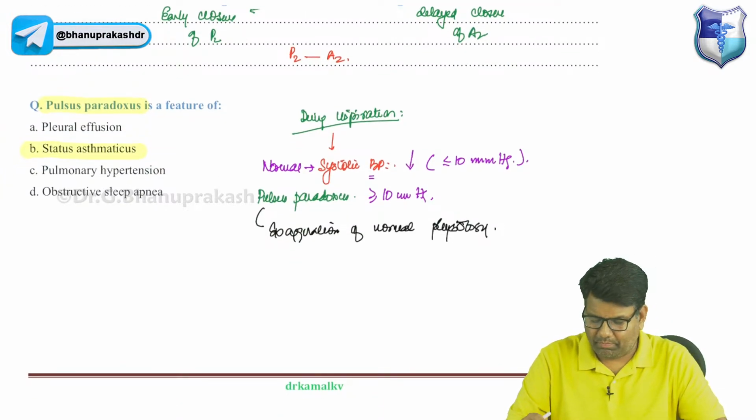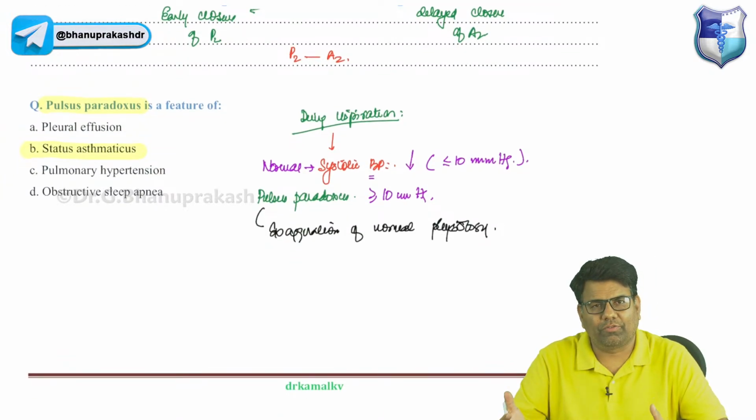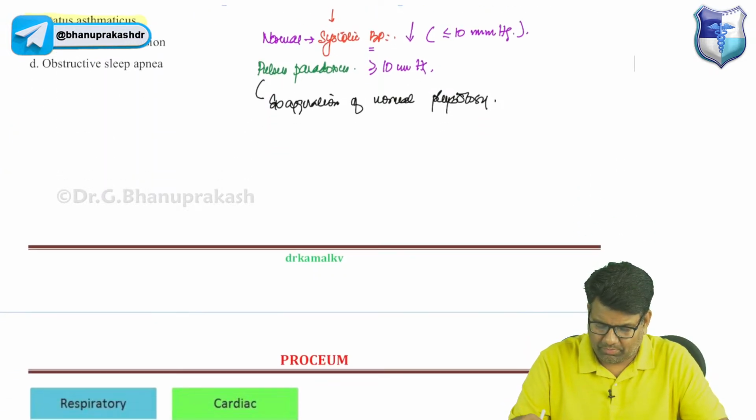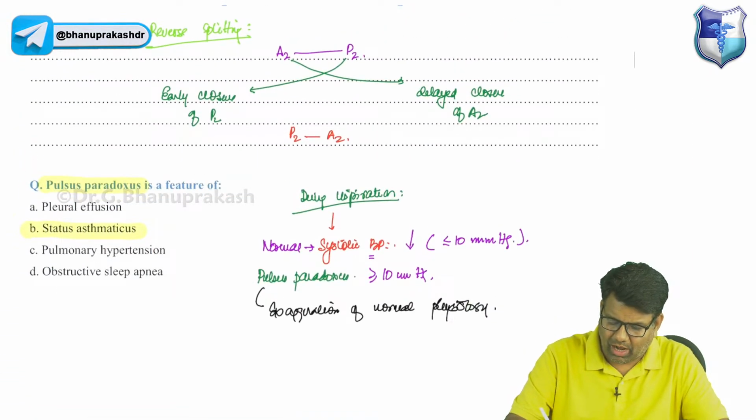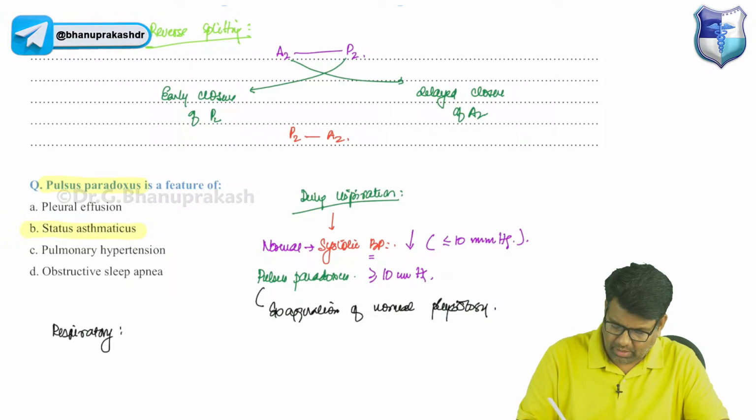Now, for pulsus paradoxus, you can remember two sets of conditions. One relates to the heart and another relates to the respiratory system. In the respiratory system, please remember COPD, whereas for the heart, you can remember two conditions which start with C. In the respiratory system, any condition included in COPD can be the answer here.